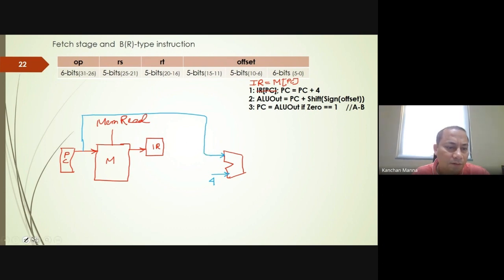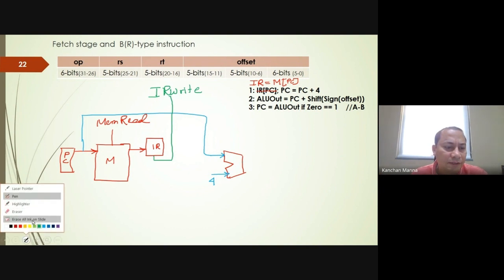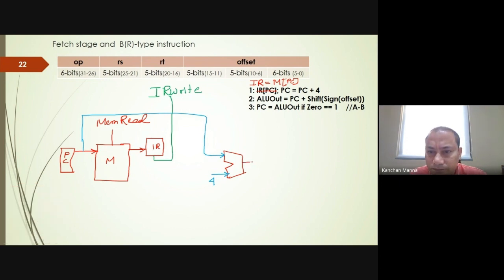And also, if you remember, we have to enable the IR to hold the instruction here. Now, PC is available here, and 4 is also available here. So we'll perform PC plus 4 here. Now, you should remember, we won't store PC plus 4 in the temporary or non-architectural element such as ALU out.